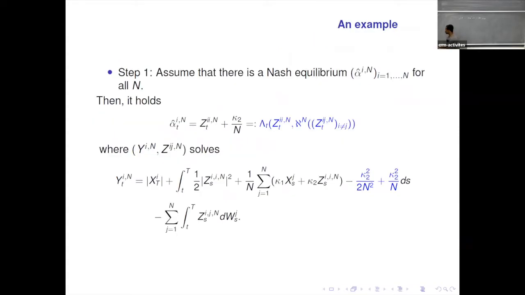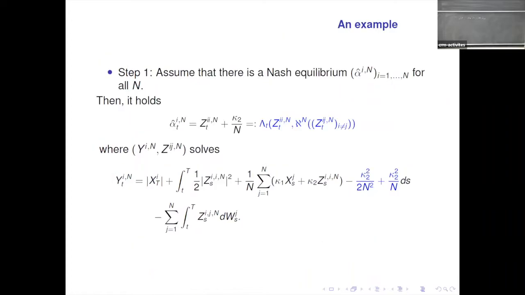So the idea would be to show, in the first step, that this system here is closer to some auxiliary system where I do not have the annoying term here, then prove propagation of chaos, and then that will be finished. When you speak about propagation of chaos, under which probability? A very good question. That's an interesting question.